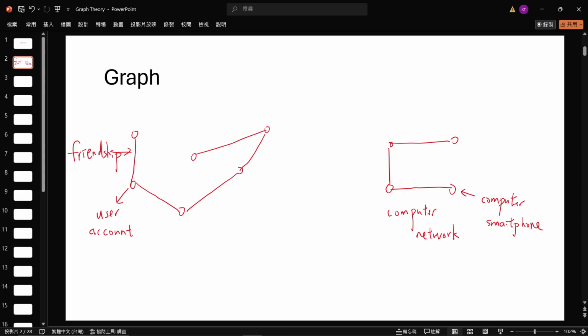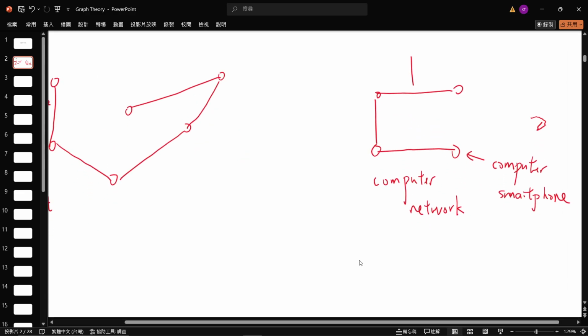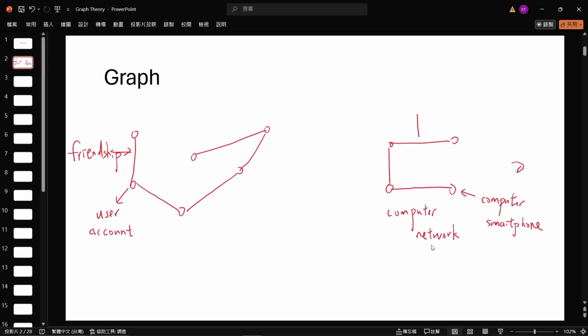So this can be communication links, okay? For example, this can be like a Wi-Fi AP or a satellite, or a router, right?